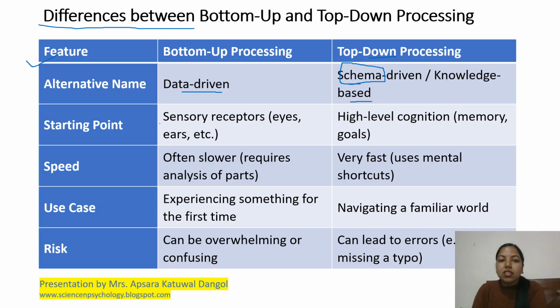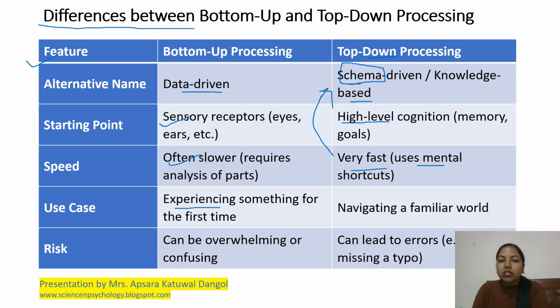And the starting point for bottom-up is the sensory receptors, eyes, ears, and whatever sensory organs are there. But in top-down processing, the starting point is high level cognition, that is memory or goals. Talking about speed, bottom-up processing is often slower because it requires analysis of the parts. But top-down processing is very fast because it uses mental shortcuts, because it is schema driven.